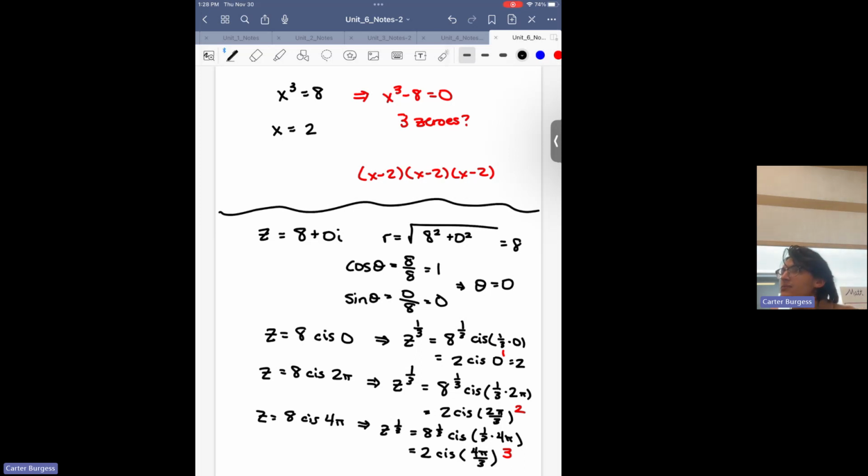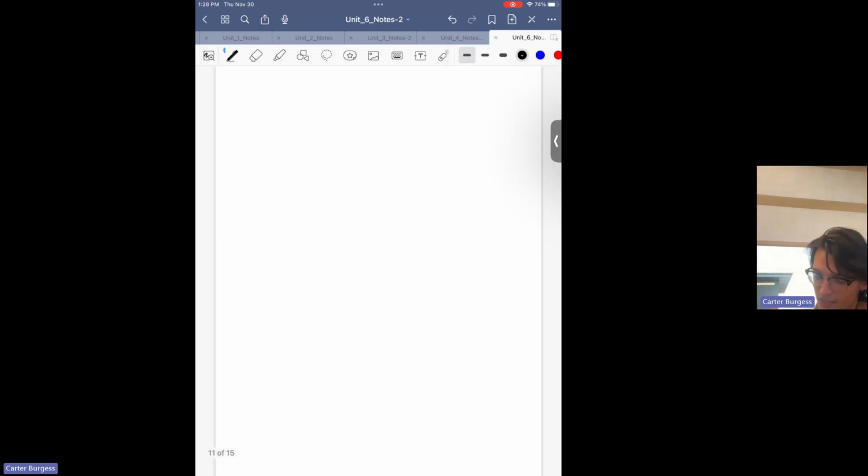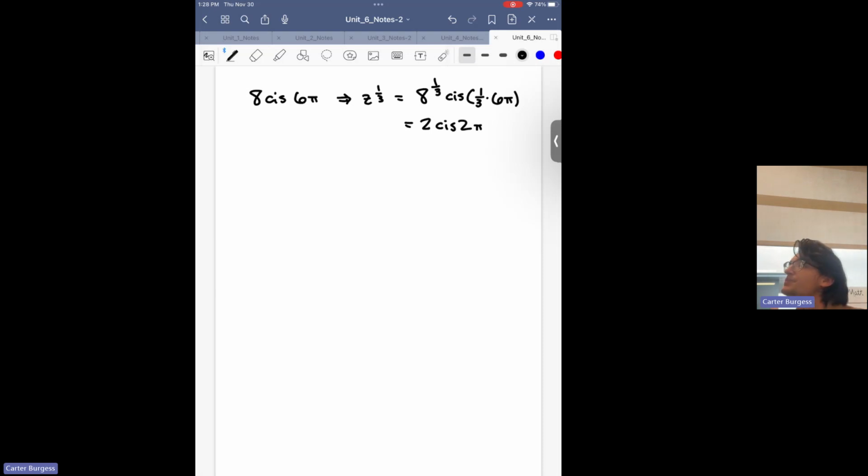Is there anything stopping us from doing like 6 pi, 8 pi, 10 pi, 12 pi, so on? No. Certainly we could try this, right? If we did 8 CIS of 6 pi would be the next one. We can see what happens when we do z to the 1/3. This would be 8 to the 1/3 CIS of 1/3 times 6 pi, which would be equal to 2 CIS of 2 pi, which looks like a brand new solution.